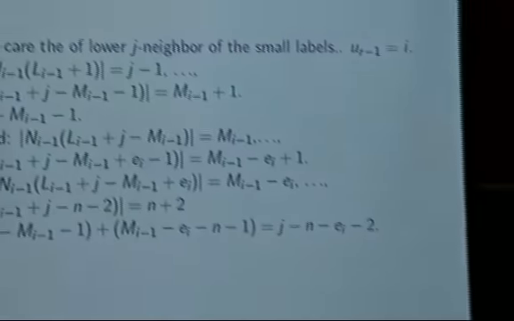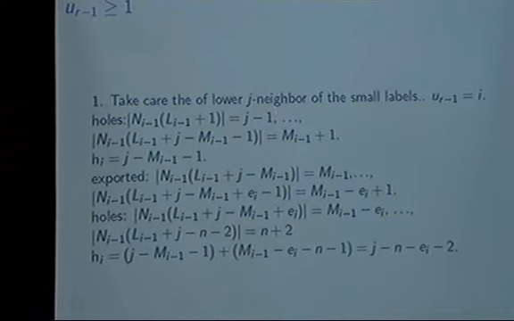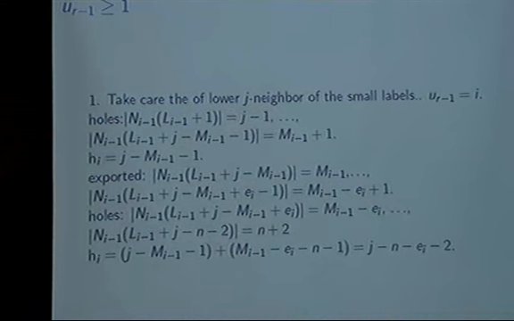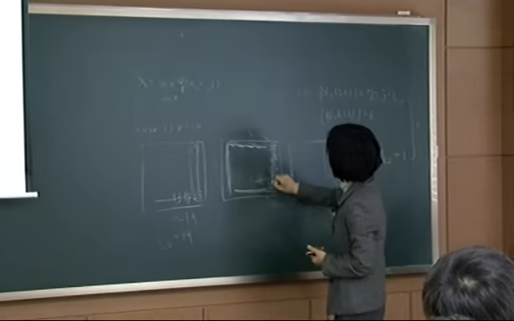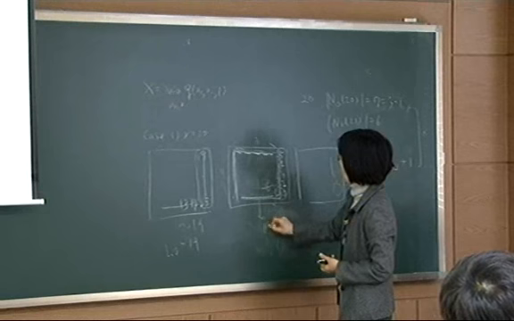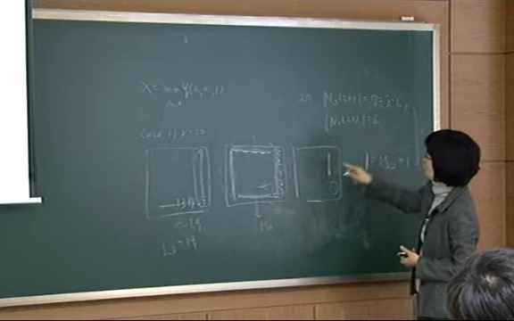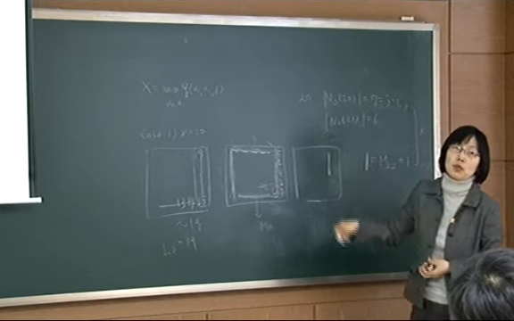Okay, so these many. Sorry, no, I'm sorry. If something is exported, they must have upper neighbors of size M_i. So if their neighbors are even bigger than that, they cannot even be exported.